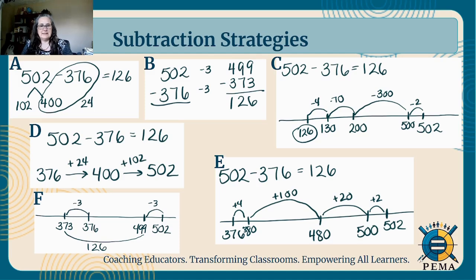When you look at C, we counted back to subtract. D, we counted on to subtract. So we talked about count on and count back in a video. It's very interesting to me that in D, it only took 2 steps to count on, as opposed to C, where it took us 4 steps to count back.